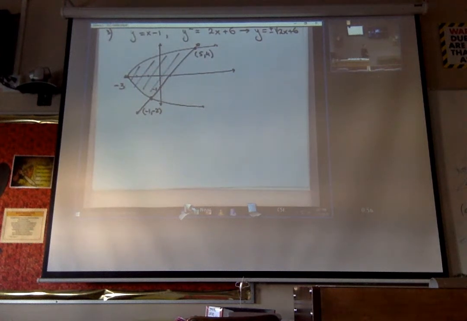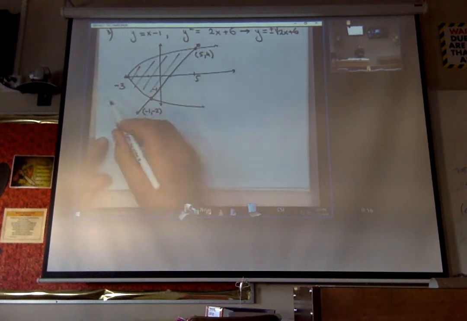Now, here's the question. Let's take a look carefully. If we're looking for the area between the curves, if you go from left to right, you go from -3. Can you go straight to 5 with one integral?